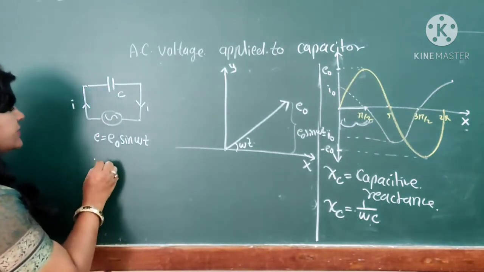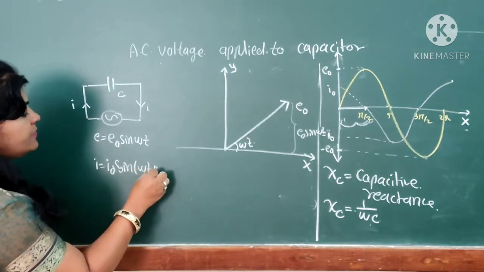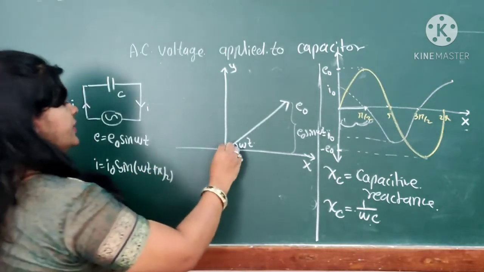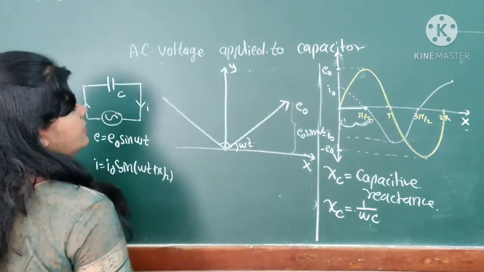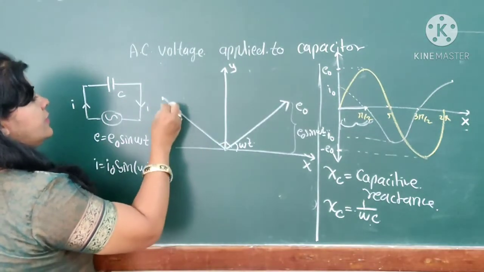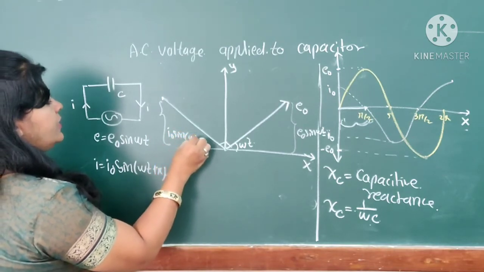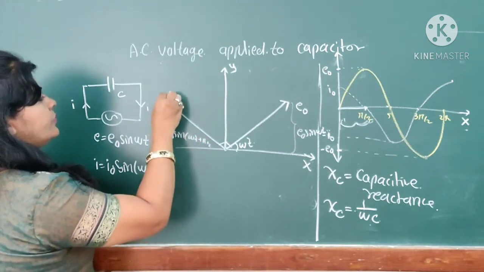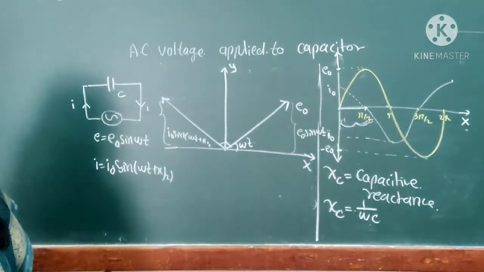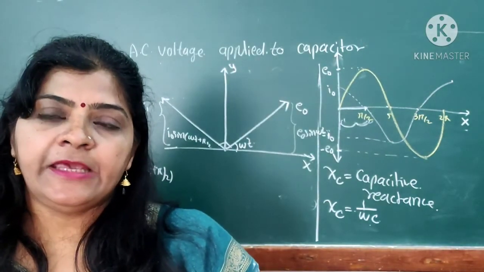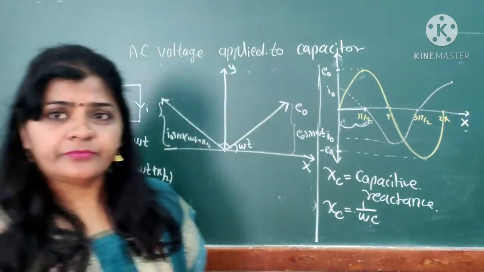Next is I is equal to I naught into sine omega t plus pi by 2. That's why the angle here is 90 degrees, and this value is I naught into sine omega t plus pi by 2. This is the arrow for it. This way we draw the phase diagram of the EMF and current of alternating currents. Thank you.